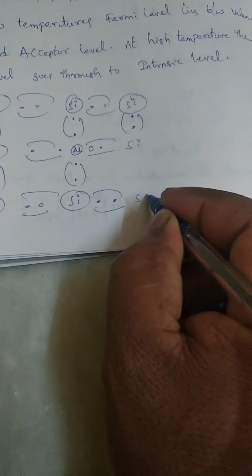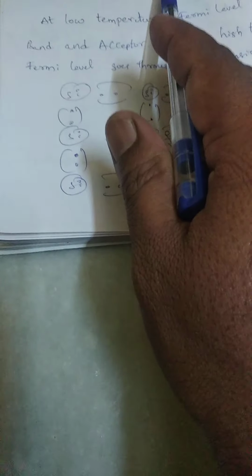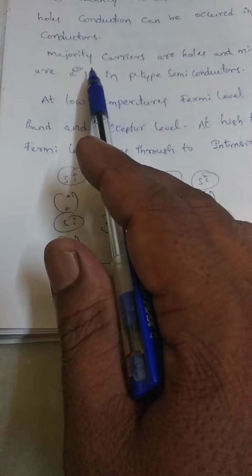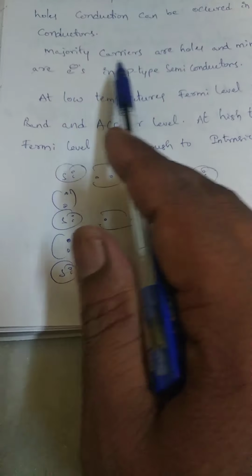The vacancy is called as hole. Due to these holes, conduction can occur in p-type semiconductors. Majority carriers are holes and minority carriers are electrons.